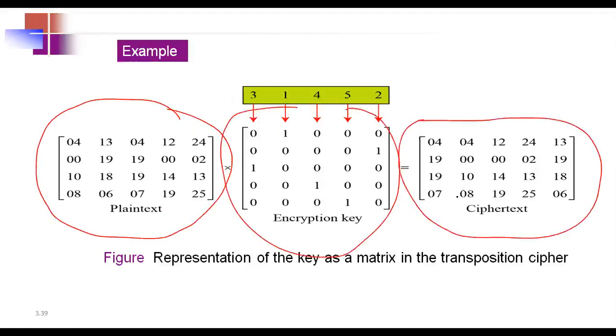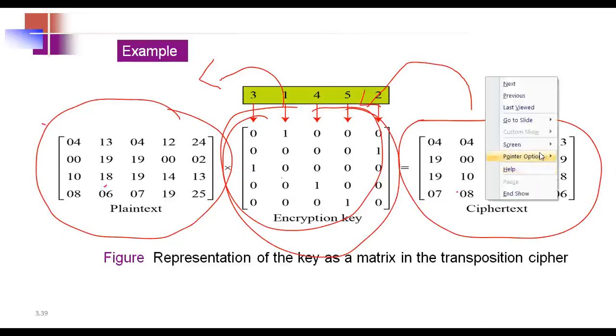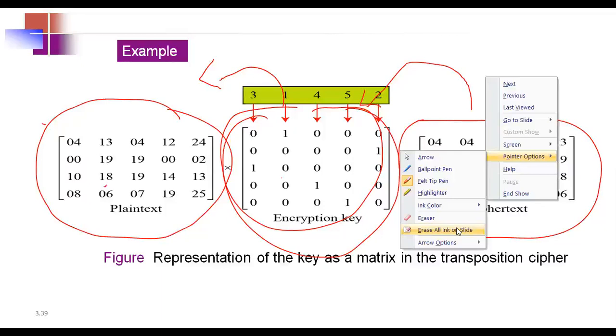For converting ciphertext into plain text, we multiply the ciphertext with the inverse key matrix to get the plain text. Here the inverse key matrix is nothing but the transposition of this key matrix. So to get the ciphertext, multiply plain text with the key matrix. To get the plain text, multiply the ciphertext with the inverse key matrix.